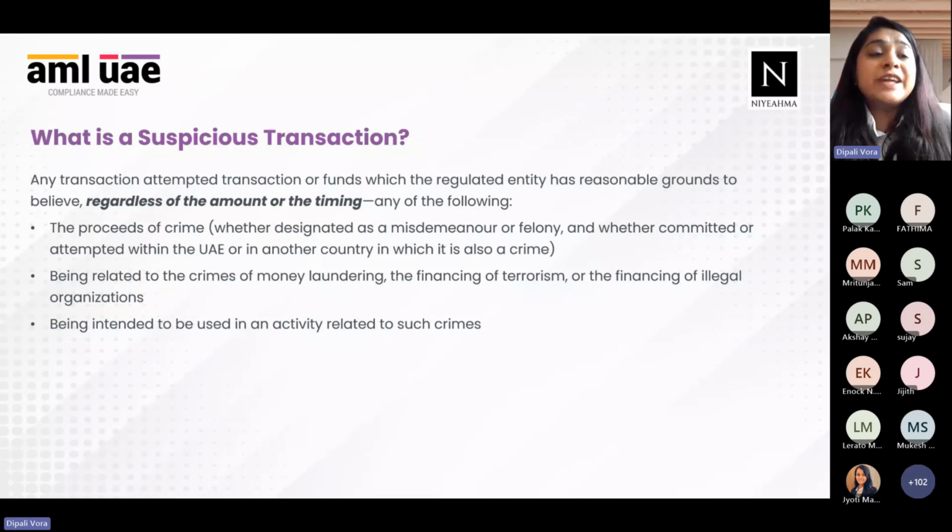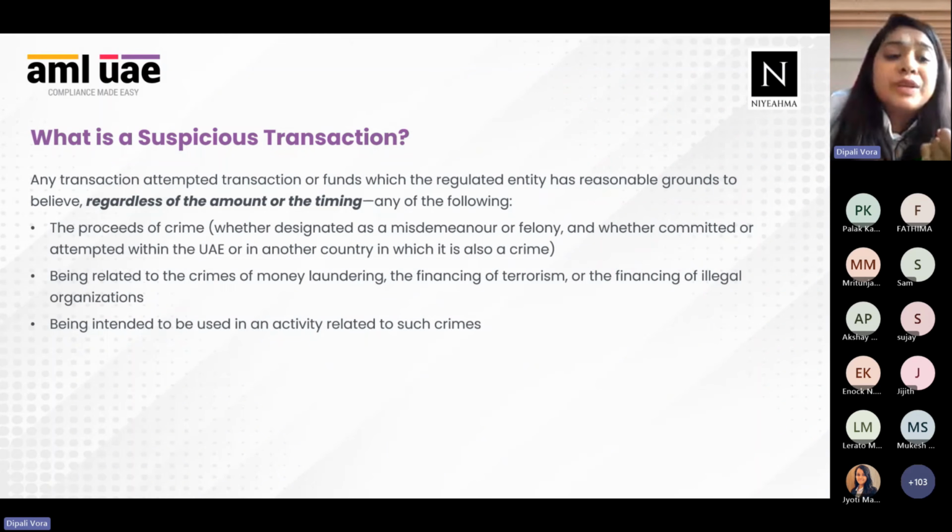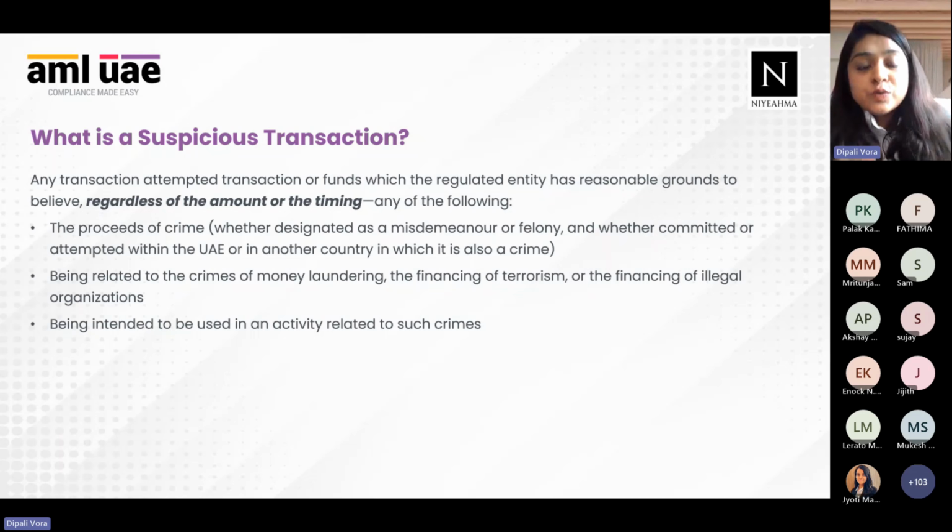Or if a person comes to you and asks for certain favors, like creating a company that appears to be very legal, but the intention is to create layers, to create layering, that could also be considered as being intended to be used in an activity related to such crimes. So if you have reasonable cause to believe that the money used for that transaction, or the services they are asking for, is related to some criminal activity, then you can consider the transaction as suspicious.